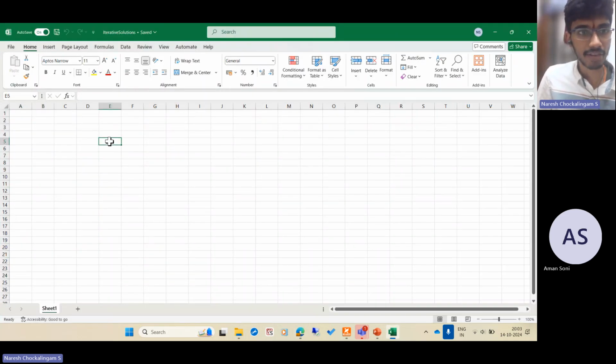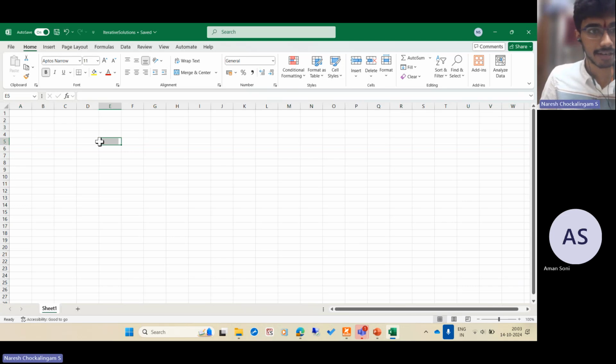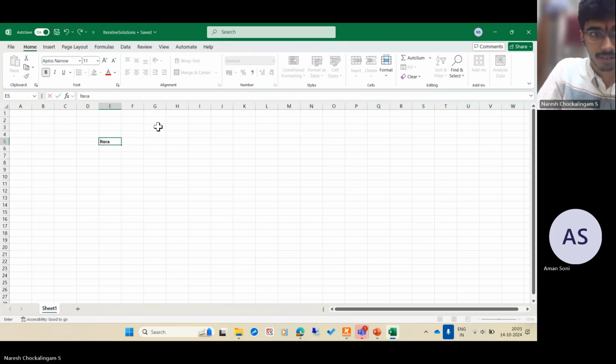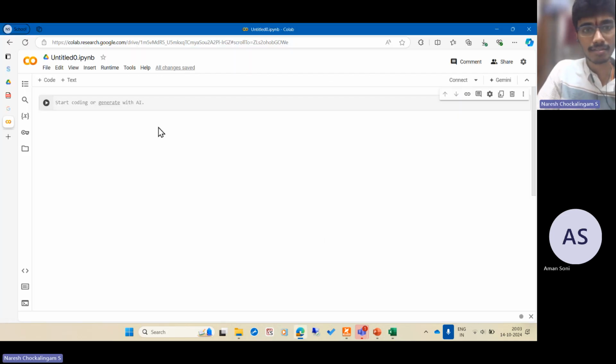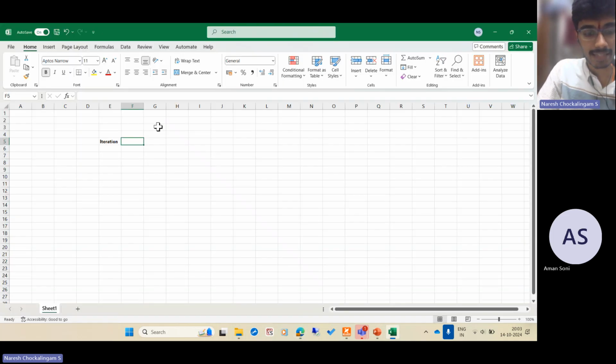So the things that you need are an iteration number. Then we want something for the current xk. If it's a 2D problem, you have the first component and the second component.